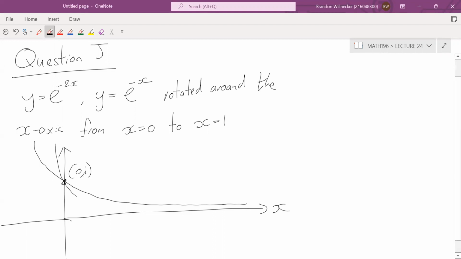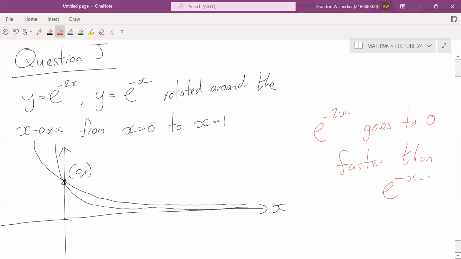So e to the minus 2x will go to 0 much faster than e to the minus x, so it's going to be underneath. So we have e to the minus 2x on the bottom and e to the minus x on the top, and this goes from 0 to 1. So we have x equals 1 somewhere over here.